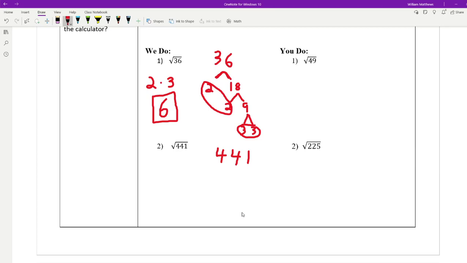This is not an even number, so then I cannot divide by 2. I check to see if I can divide by 3, which I can, which would give me 3 and 147. 3 is a prime number, so then I would move over to 147.